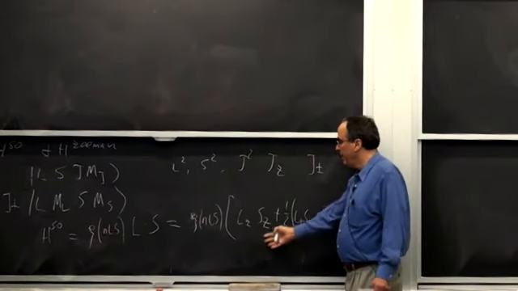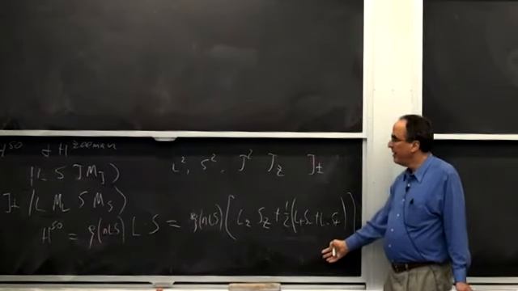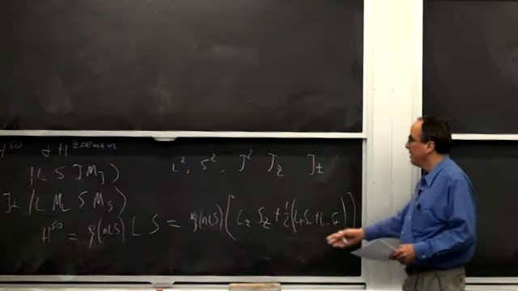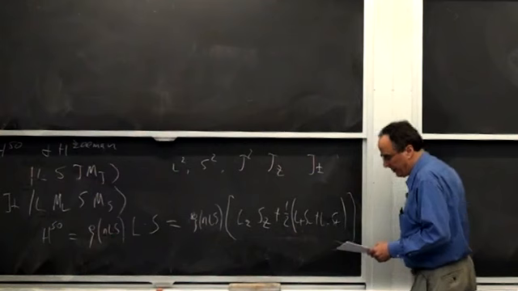Okay, no big deal. And we can write the spin-orbit Hamiltonian like this.